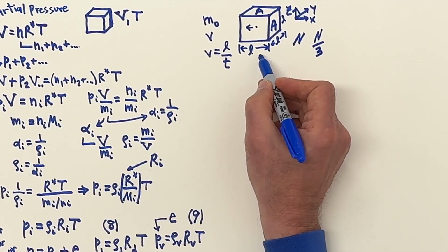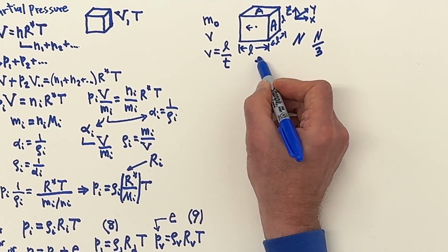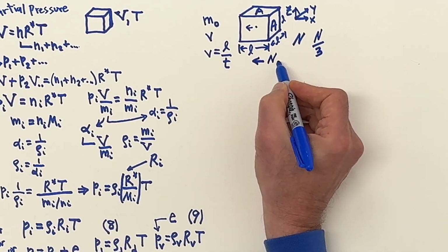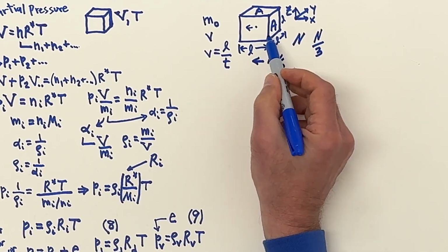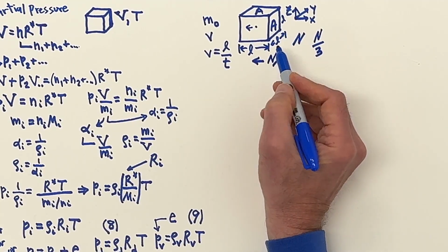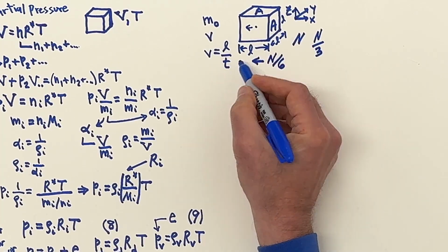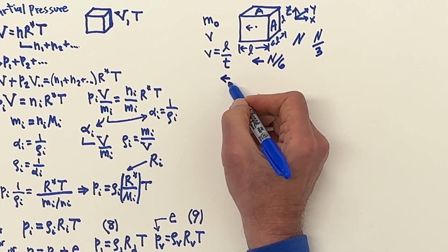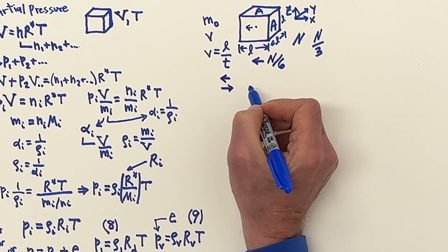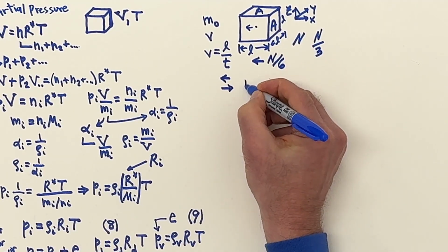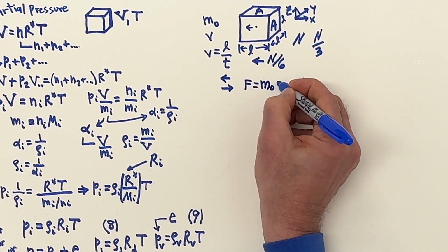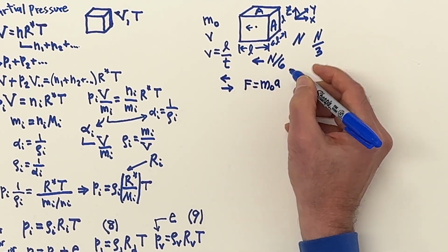That means that the particles that are moving to the left would be half of n over 3. That'd be n over 6 moving to the left. Now when the particle hits that wall, it's going to change its velocity and bounce back and go the other way. So now I'm going to use Newton's law, F equals ma, to calculate the force.